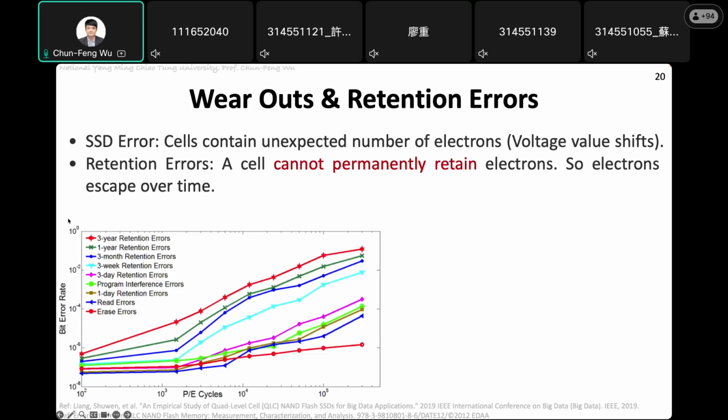Okay, and the y-axis shows you the bit error rate. Bit error rate means, for example, if you are going to read out 4 kilobytes of data, how many errors are there in this 4 kilobyte area? Then this is the bit error.